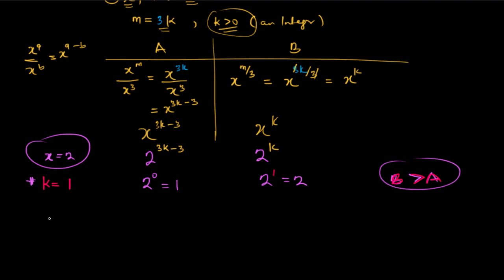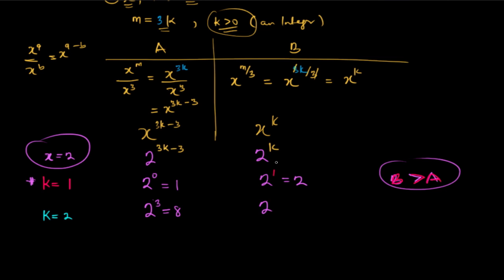But if I choose another number, let's say k equals 2 this time around, then A is 2 to the power 3 times 2 minus 3, which is 6 minus 3, that is 2 to the power 3, which gives us 8.